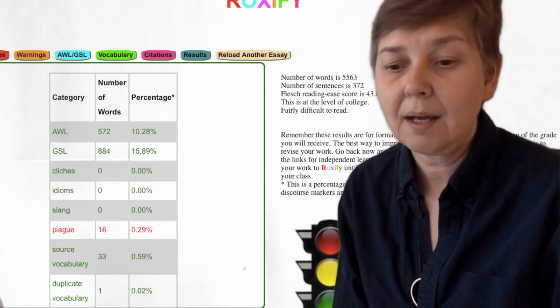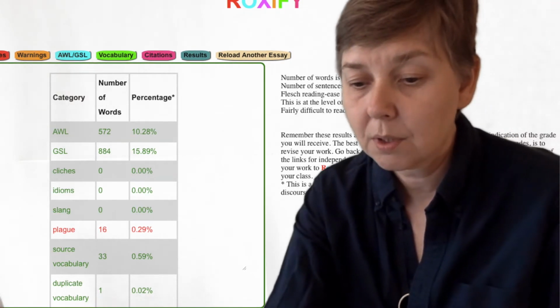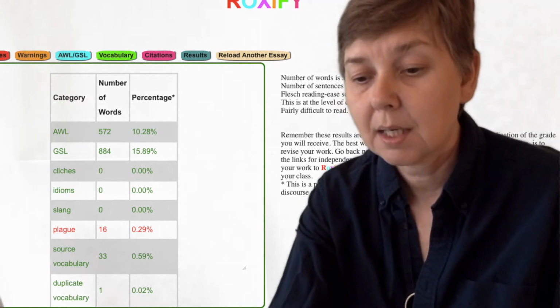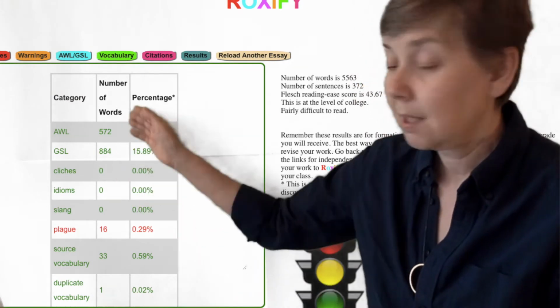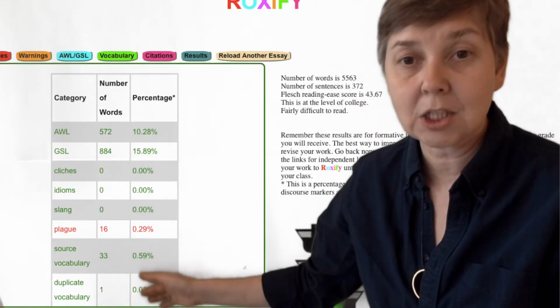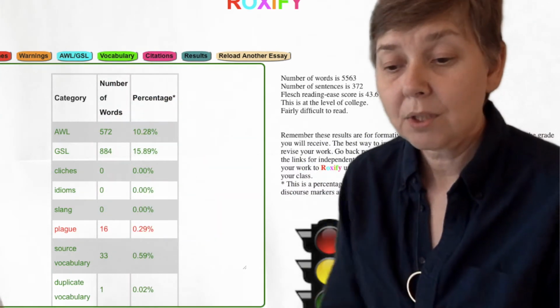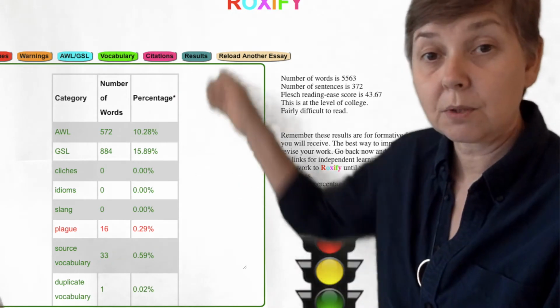In here, we have a number of different items. We've got cliches, idioms, slang, plague words, key vocabulary, duplicate vocabulary, pronouns, misspellings, discourse markers, value-laden words, contractions, and hedging. And as we go down, what you need to do is simply scroll down the page, and these numbers will go up and down.